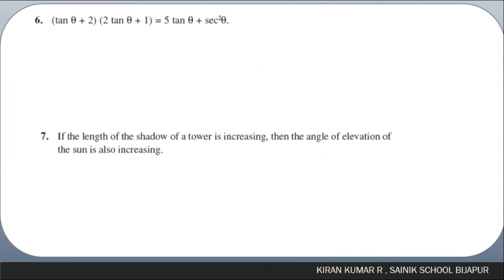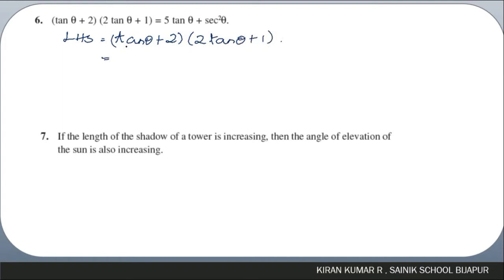Next, statement 6. In the sixth statement, we need to consider the left hand side. The left hand side here is tan theta plus 2 multiplied by 2 times tan theta plus 1.